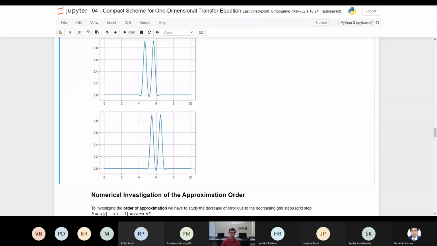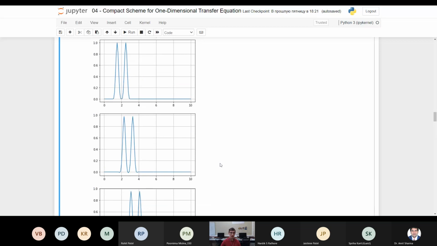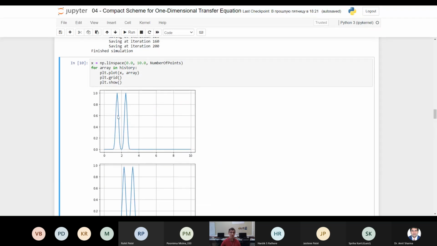And if we look carefully, we can notice the degradation and the errors introduced by the numerical solution. Essentially, in the beginning, the amplitude of the signal was equal to 1.